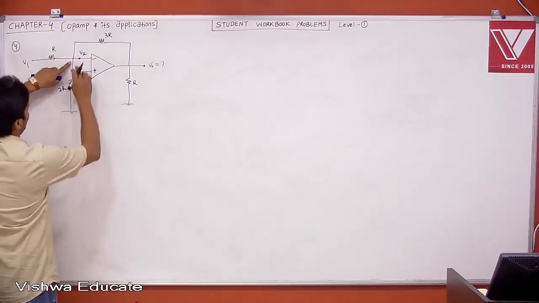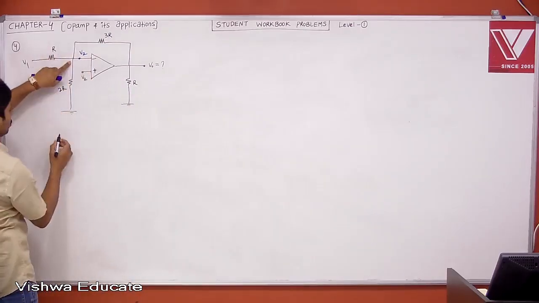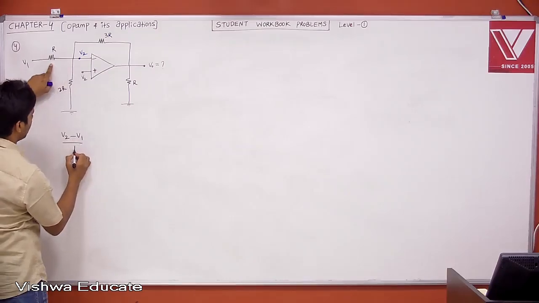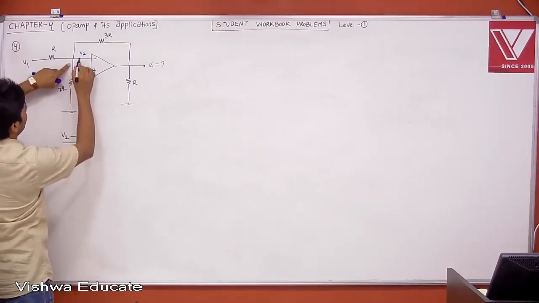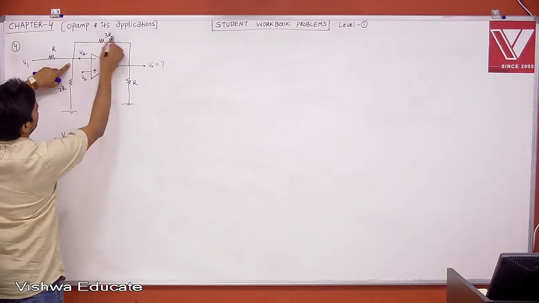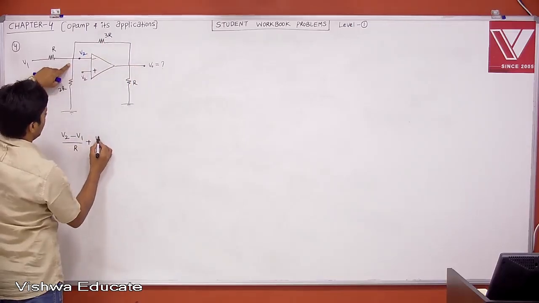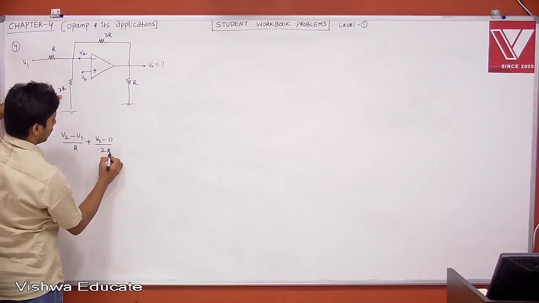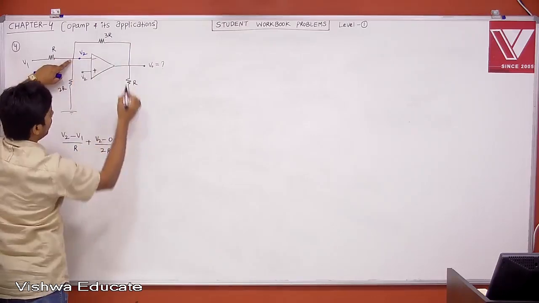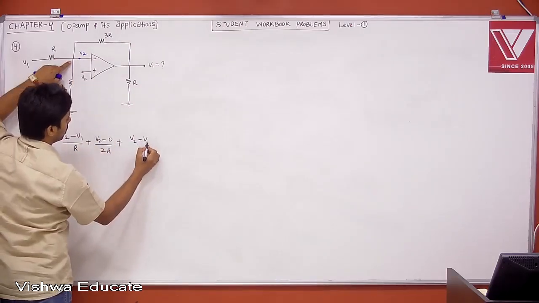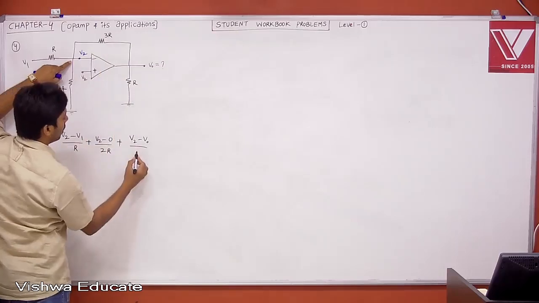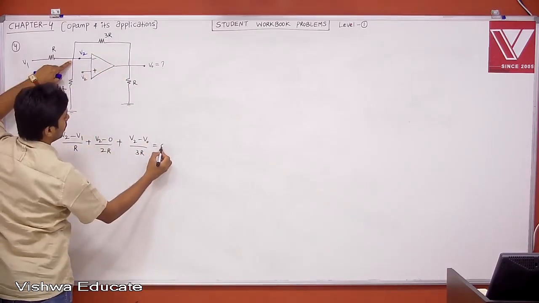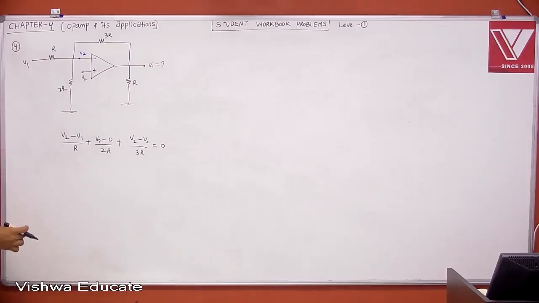Then tell me, current leaving from this node: V2 minus V1 divided by R, plus V2 minus 0 divided by 2R, plus V2 minus V naught divided by 3R, plus current entering into op amp, that is 0, is equal to 0, right?